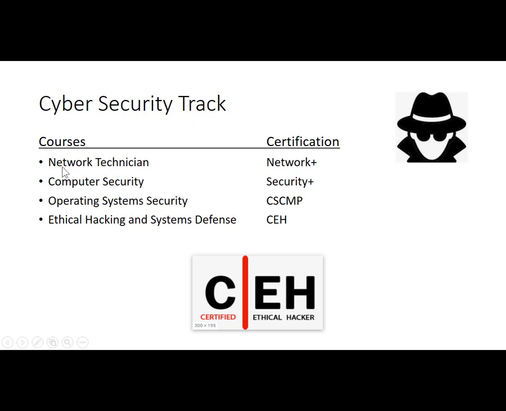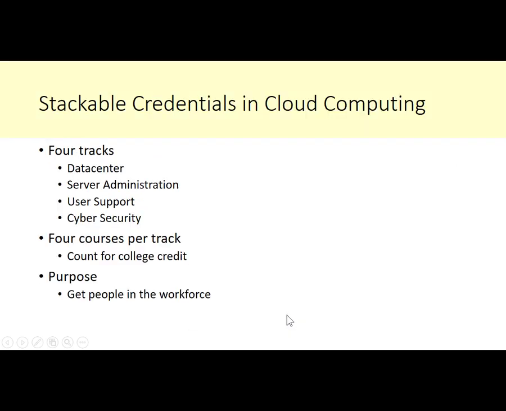The courses comprise Network Technician, which is the Network Plus certification, Computer Security, which is the Security Plus certification, Operating System Security, the CSCMP certification, and the Ethical Hacking and Defense class, DCOM 215, and that corresponds to the CEH, Certified Ethical Hacker. The cybersecurity track is made up of four different certs, and it culminates with the Certified Ethical Hacker certification.